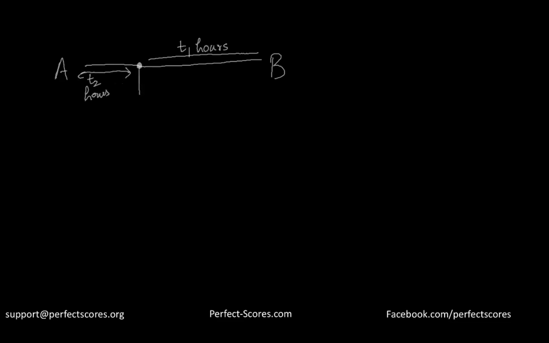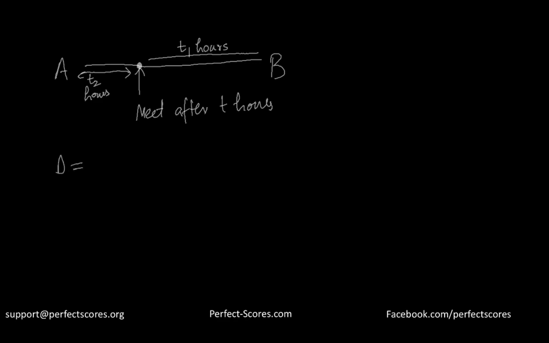And let's say they meet after t hours, right? So they meet after t hours. So we have three different times. First they meet after t hours, and after that it takes body A t1 hours, and it takes body B t2 hours for the remaining distance.